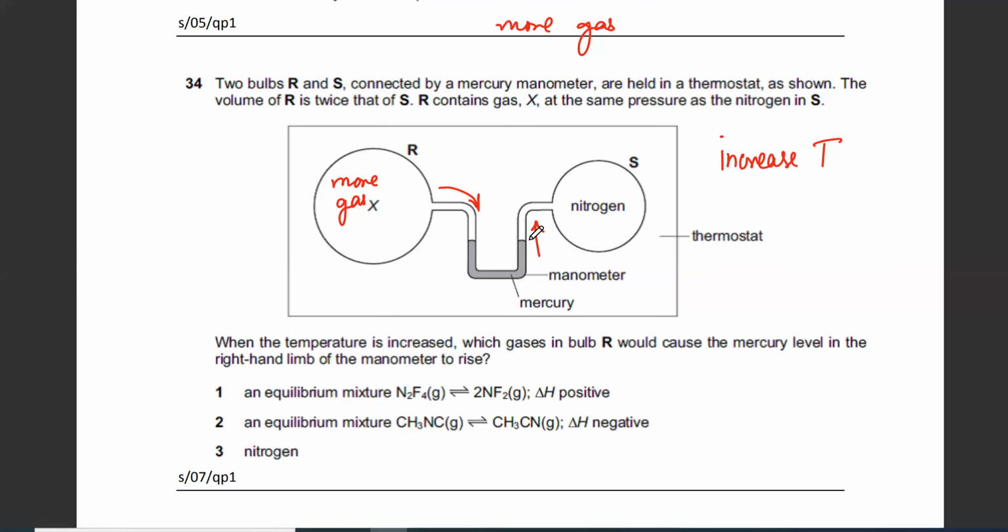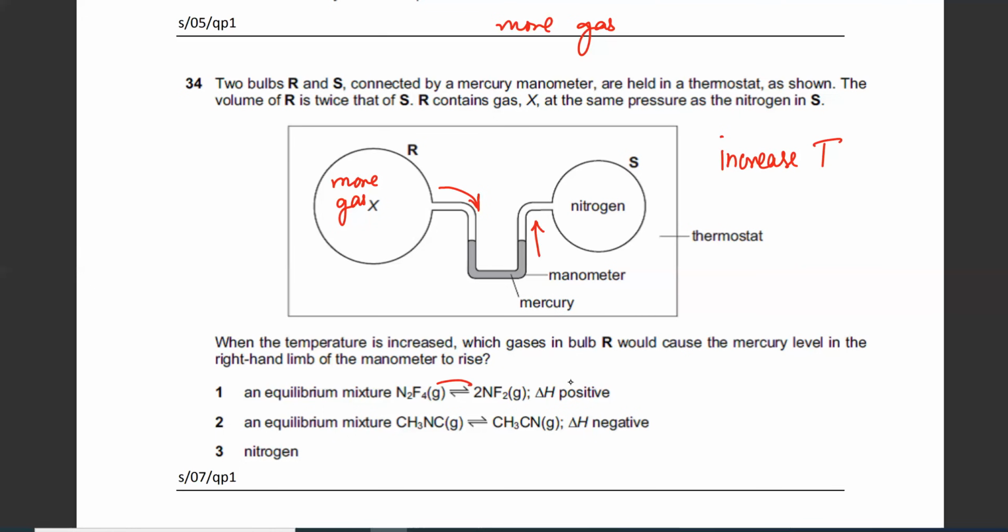Yes. So he's now asking what is X. The amount of gas must expand. There should be more gas. So the first one is there's this reaction and the delta H is positive. If you increase temperature, equilibrium would shift in what direction, forward or backward? Delta H is positive, that means forward.